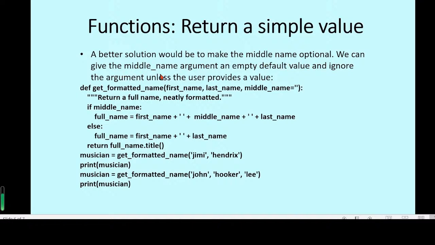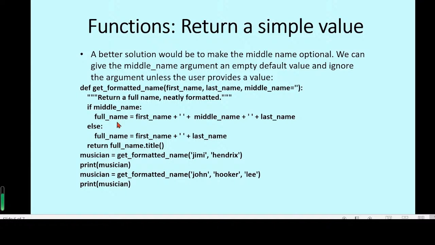So we can give the middle name argument an empty default value and ignore the argument unless the user provides a value. So this is a better solution for the definition of this function. Inside the parentheses, we write first name, last name, then middle name at the last with a default value of empty string.